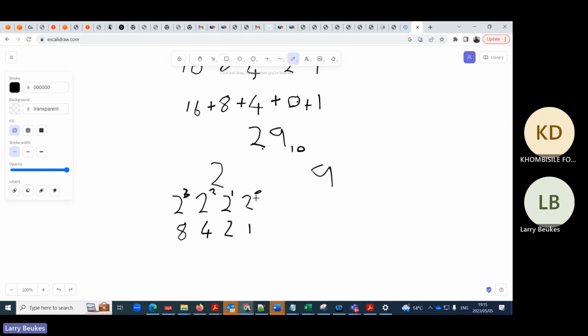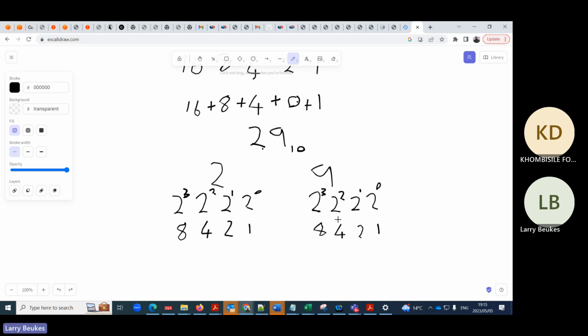This is the 9, so this will be 2 to the power 0, 2 to the power 1, 2 to the power 2, and 2 to the power 3: 1, 2, 4, 8. All right, so now it's fine.